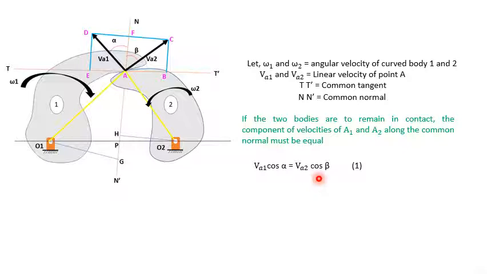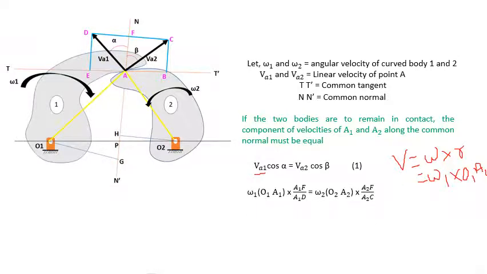So here VA1 is nothing but the velocity. How do we write the linear velocity in terms of angular velocity? We know that V can be written as omega into R. So in place of VA1 we can write omega 1 into the radius, which is the length O1A1.